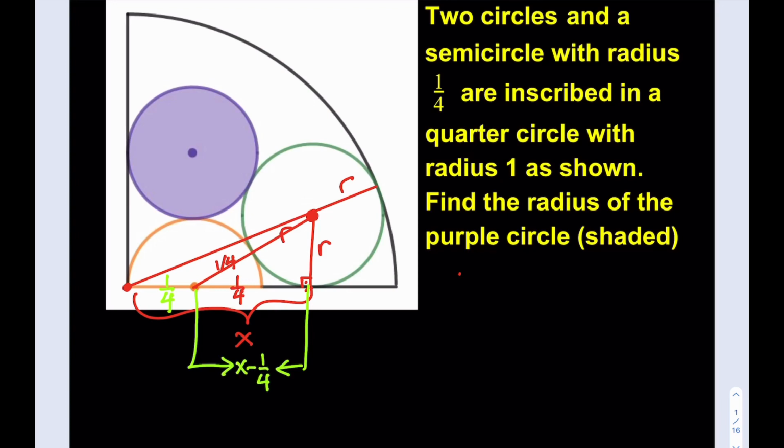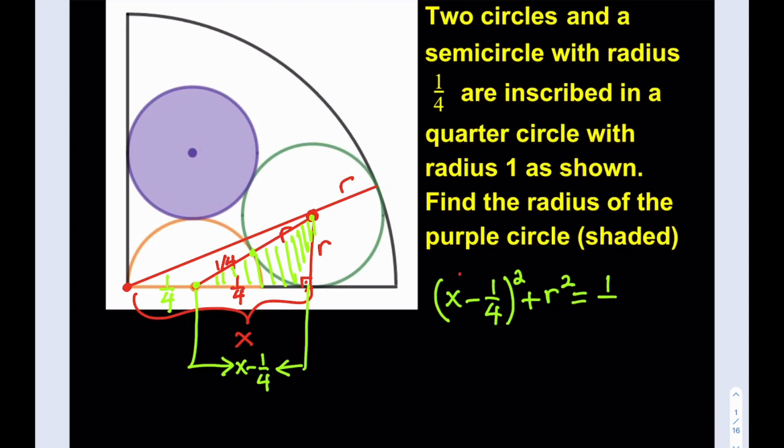Because from the X, we're just subtracting the 1/4. Great. So first we can use this right triangle here. Right? Okay. What do we have? We have X minus 1/4 squared plus R squared. Now we got to find that length, but that's easy. Look, this is 1/4, this is R. So the total would be 1/4 plus R.